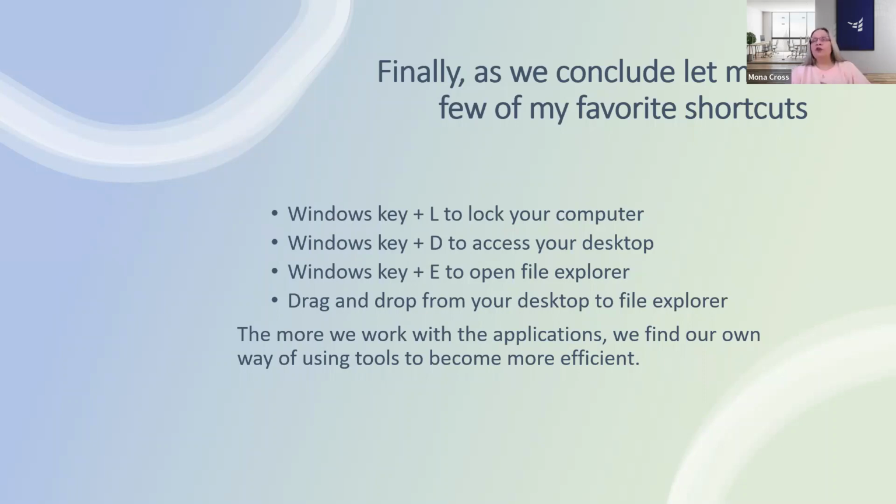Another one, if you are working in Windows, and you've got multiple windows open, whether it's Word and Excel or PowerPoint and Outlook or whatever, and you need to get to your desktop for some details, hold the Windows key down and hit the letter D. That will also take you to the desktop where you can see everything that you have there.